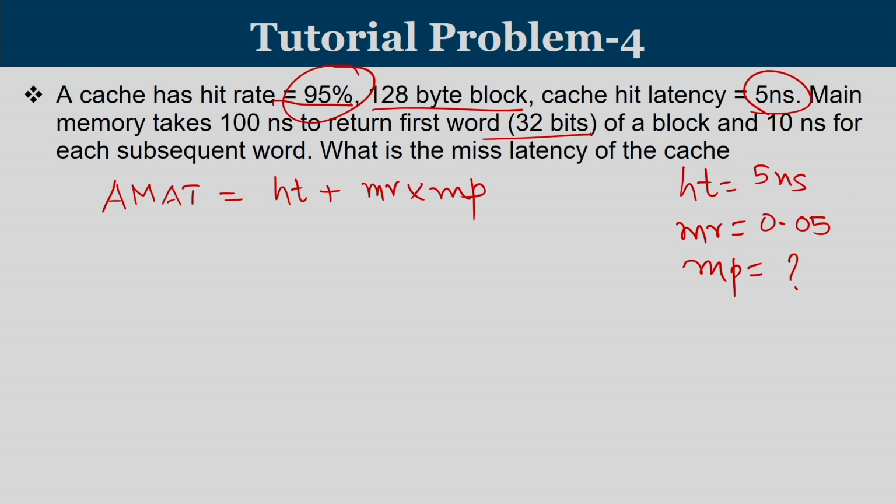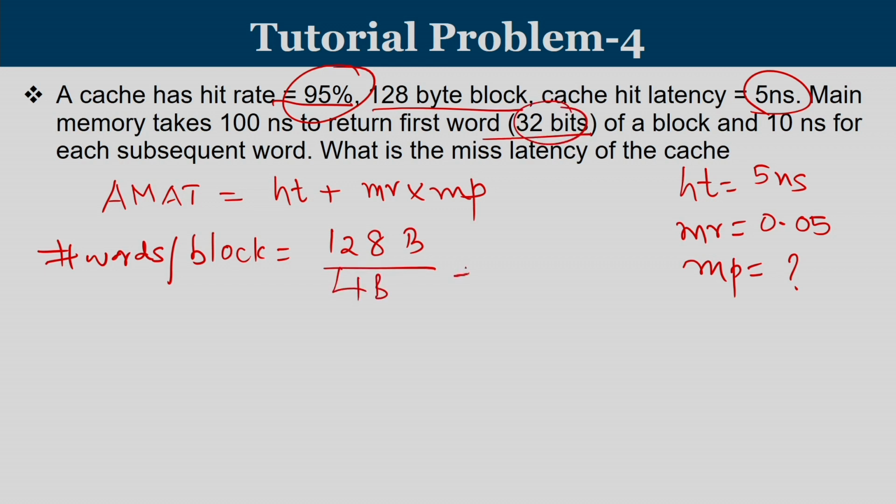So, first we have to see how many words there are per block. Each block is 128 byte and one word is given as 32 bits, which is 4 byte.